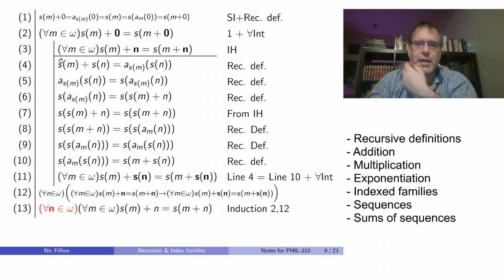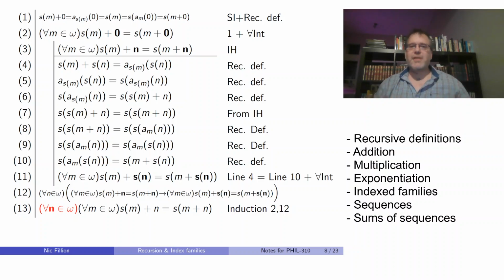So we went from the left-hand side of line 4 to the right-hand side of line 10, which gives us our last line here by universal introduction. So then we have our conditional proof, and then we do a universal introduction as well for n, and that gives us our inductive step, which gives us the result by induction.